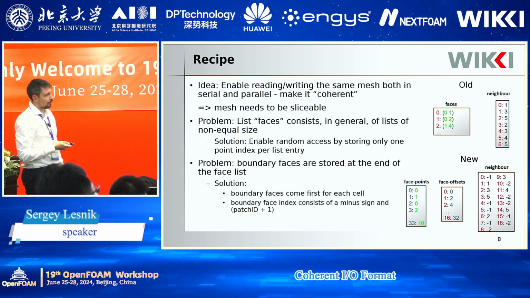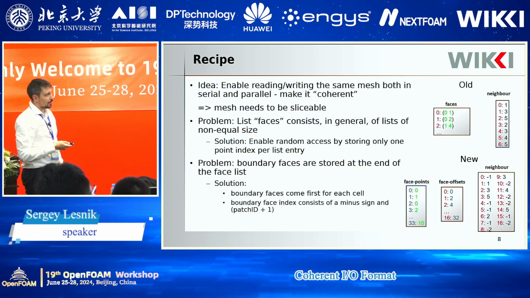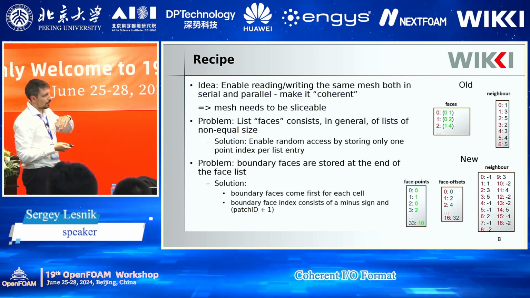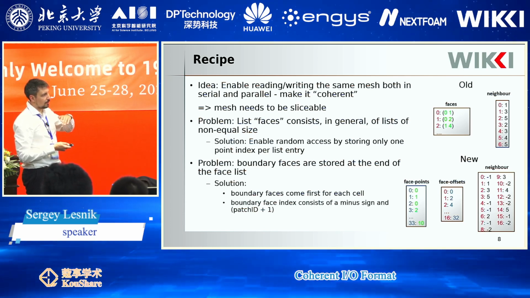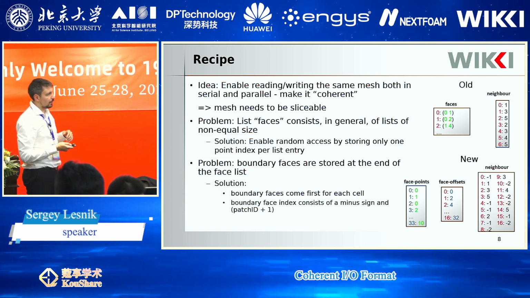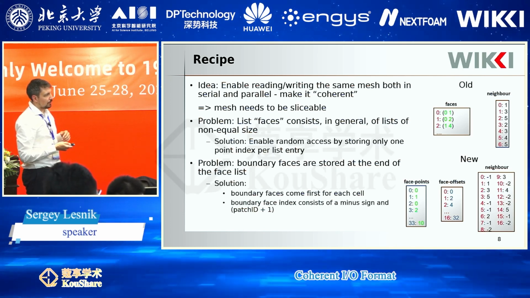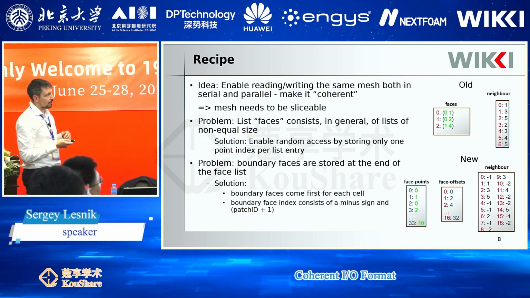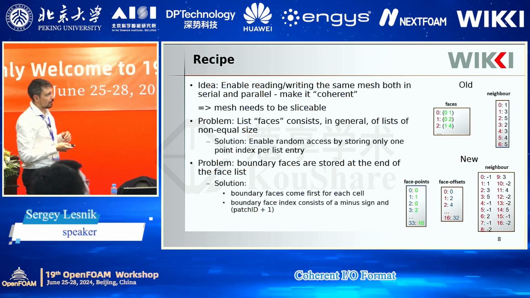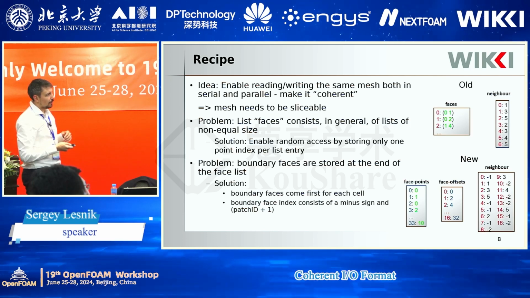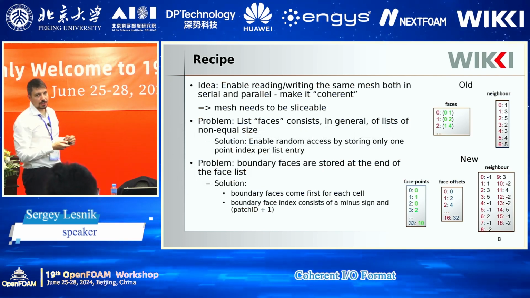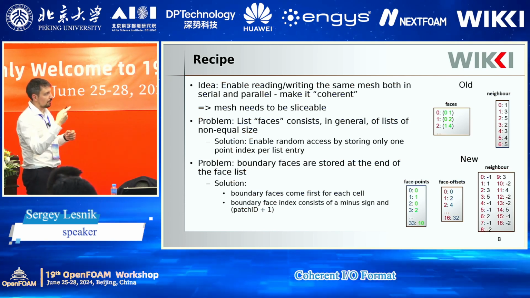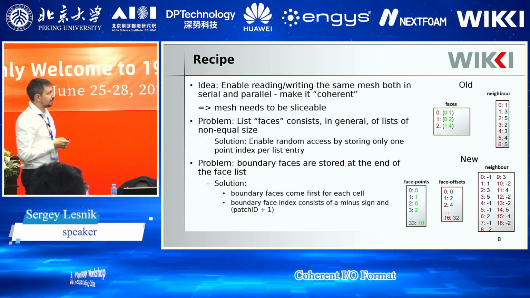So, for example, here -1 is the first patch. It's the first boundary. -2 is a face. So face 13 belongs to the second boundary, and so on. And all the positive numbers are still there, so they bring the same information as here, right? The first face neighbor is the first cell. That's how you read it.